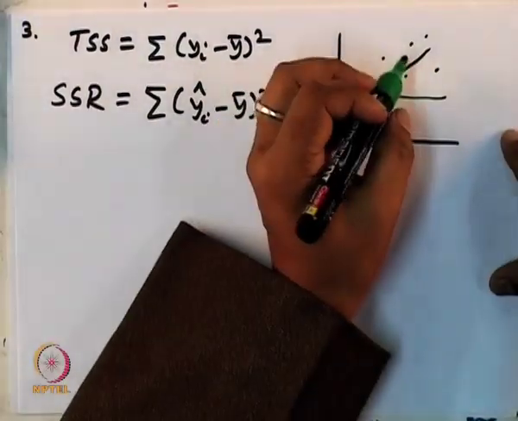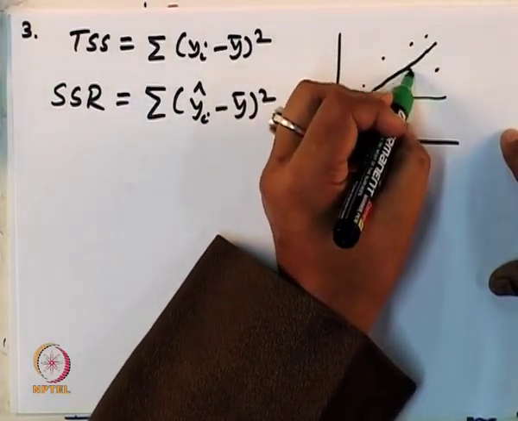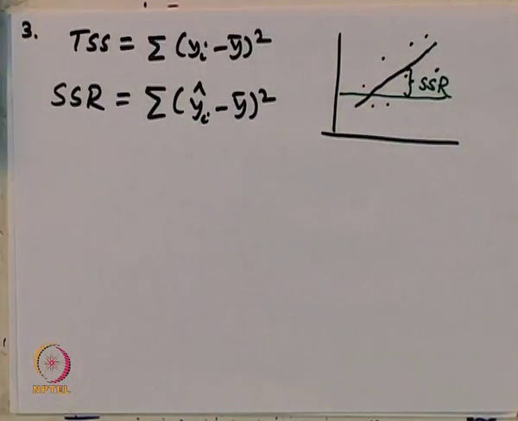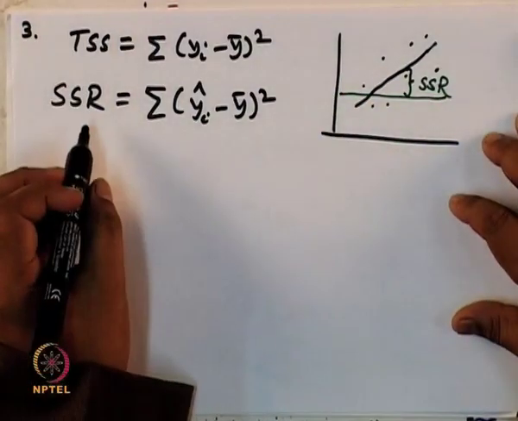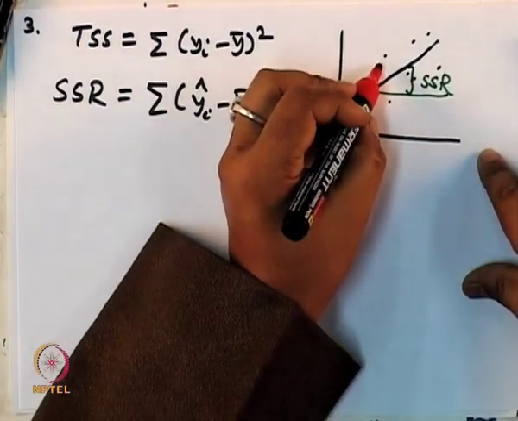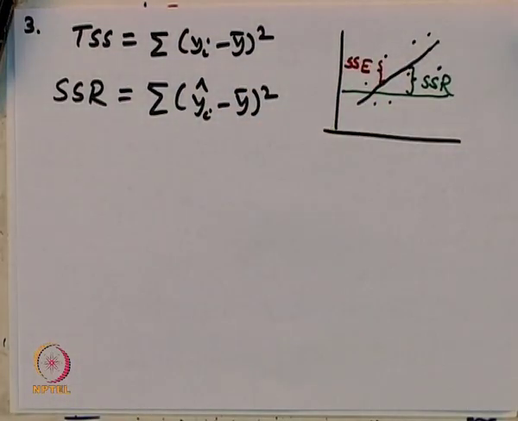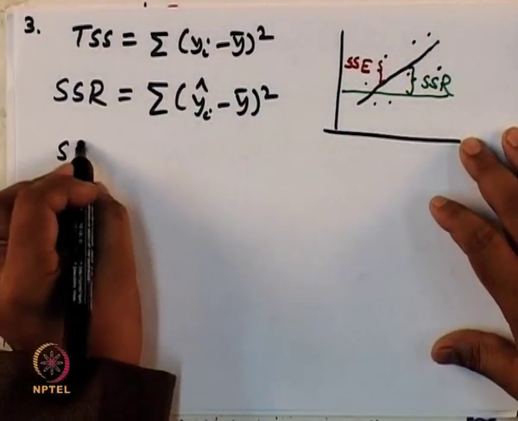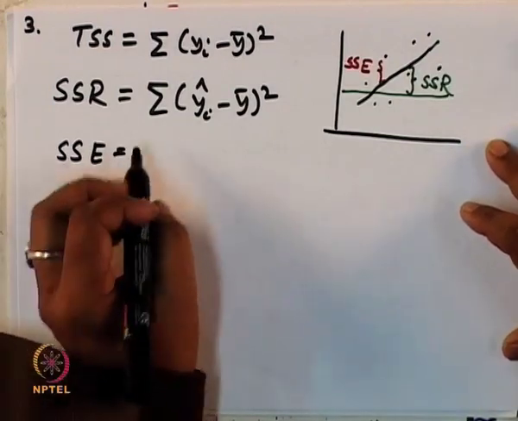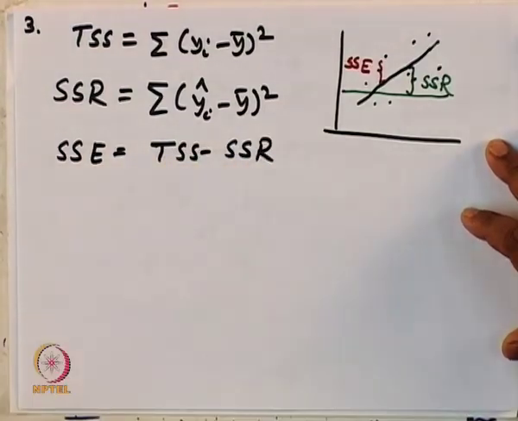At every point this difference, summed up, is SSR, and SSE is this deviation from the line. So, SSE is given by TSS minus SSR.